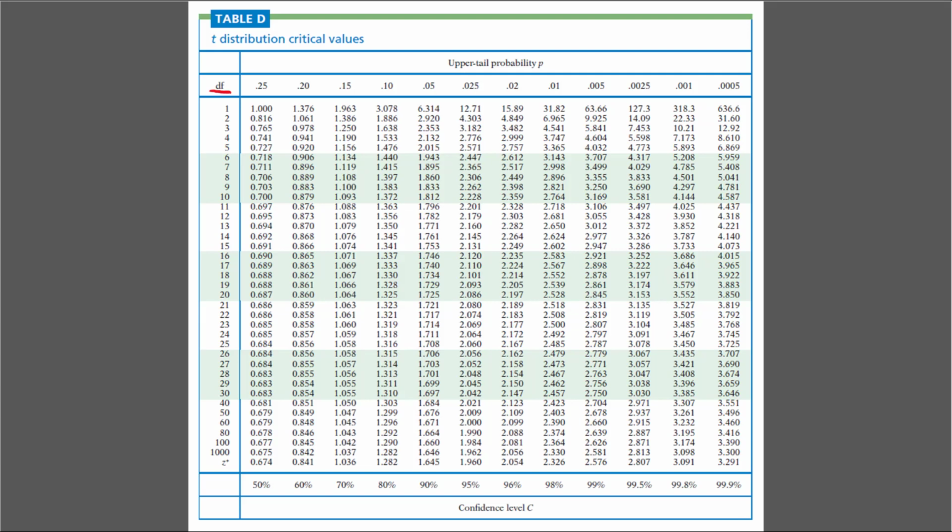And then the numbers here are the area that we just calculated. As you can see, we calculated 0.025 for our area. So we're going to look at this column right here, and we need to find the row for the degrees of freedom of 29. So here's our 29, and we're going to be looking at the 0.025 column, which gives us this value right here, 2.045. Oh my goodness, I didn't start that good at all.